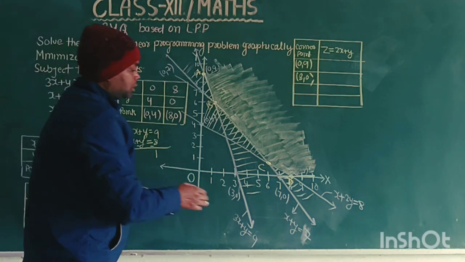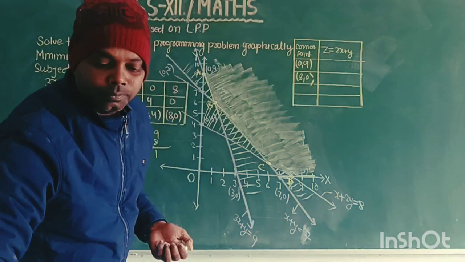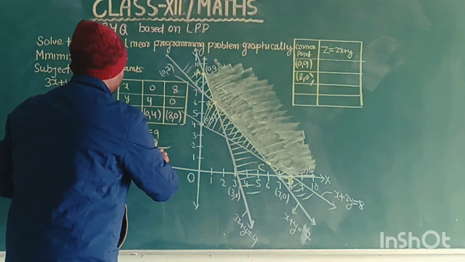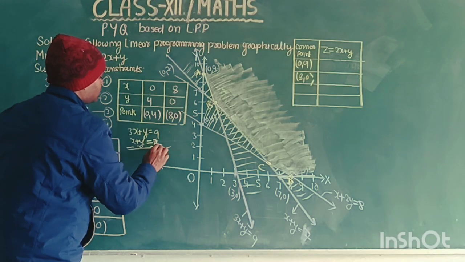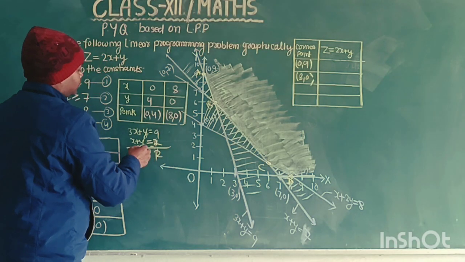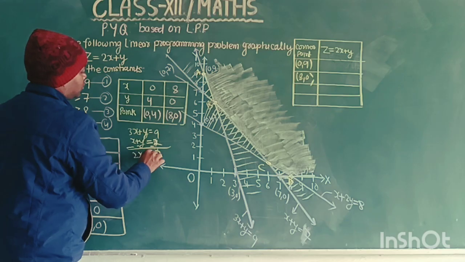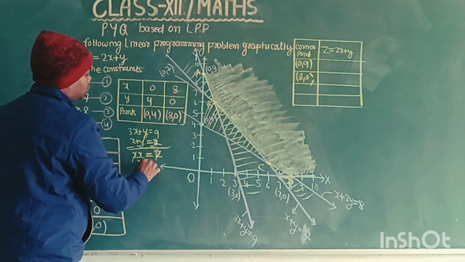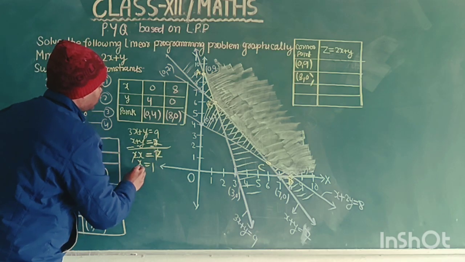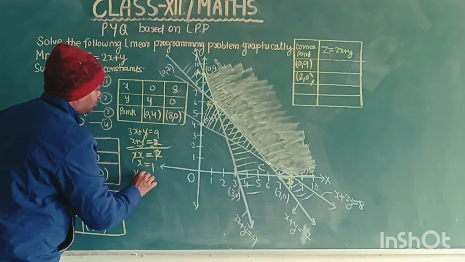So this is x plus y equal to 7. So this is 2 and 2x equal to 2, 2 cancel, x equal to 1. Now find the value of y. So y equal to 6.